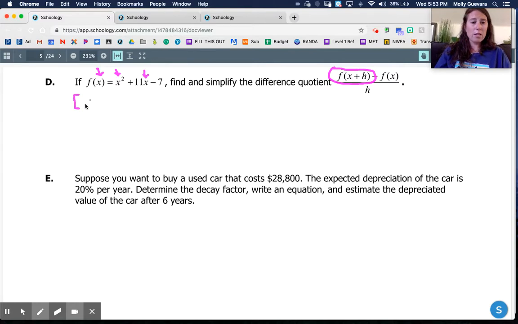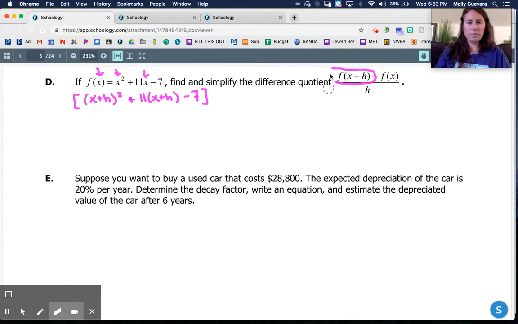So instead of x squared, it's (x plus h) squared, plus 11 times, instead of x, it's going to be x plus h, minus 7. So there is this circled term. All I did was replace x with x plus h in the function.